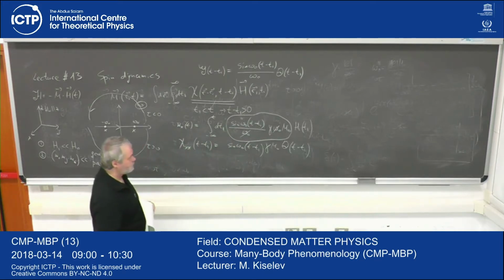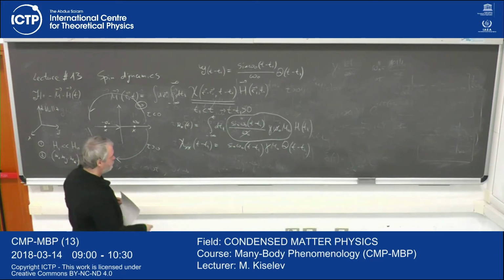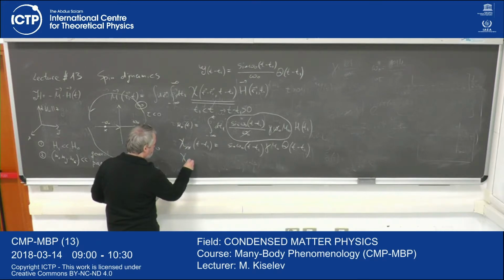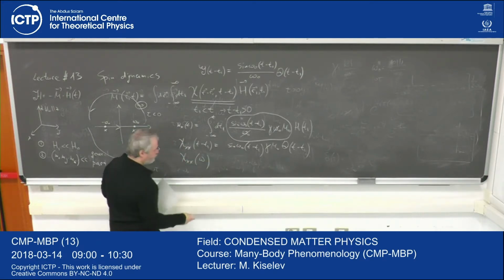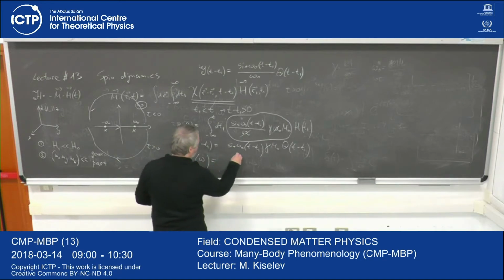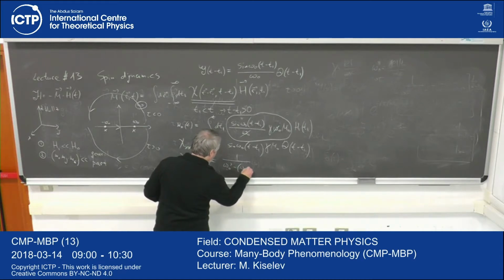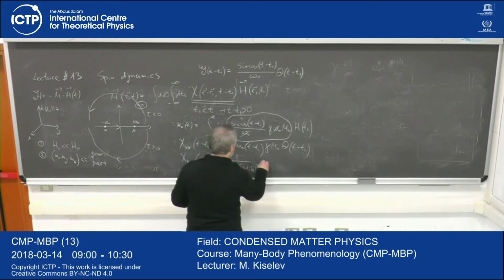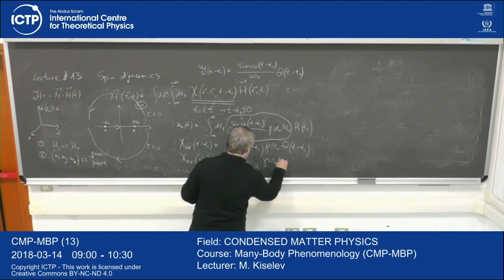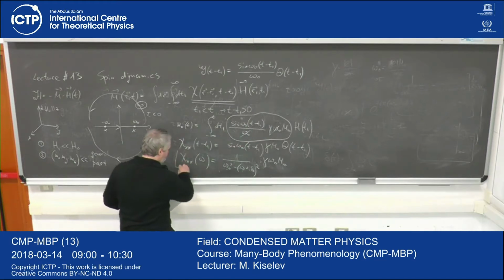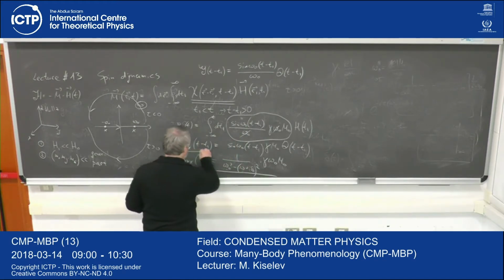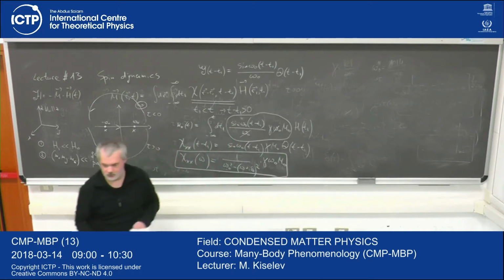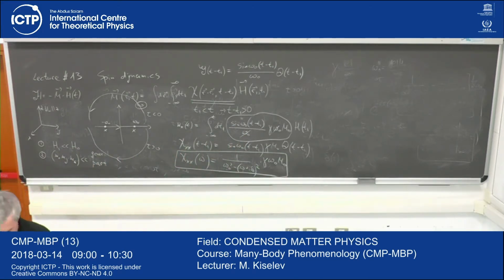Or chi xx in omega, its Fourier transform, is equal to 1 over omega naught squared minus (omega plus i delta) squared times gamma omega naught m naught. So this is my susceptibility in the Fourier representation. Okay?